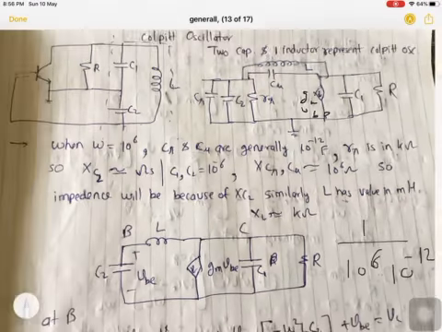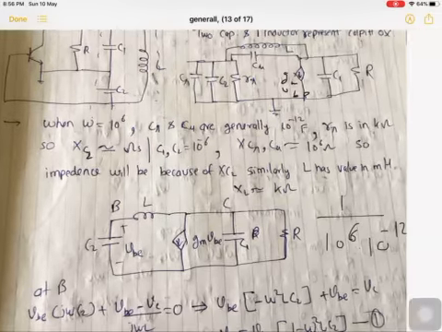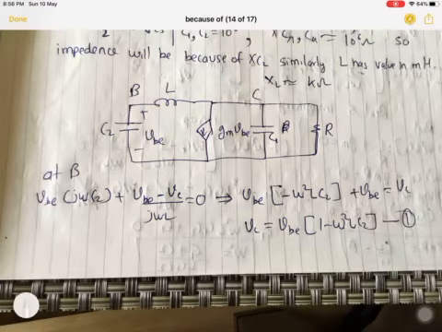All other impedances I have kept. So now I am applying KCL. I am putting KCL at B. At B, this is the VB potential, VB into j omega C2 plus VBE. This is VBE because it is parallel to R pi.